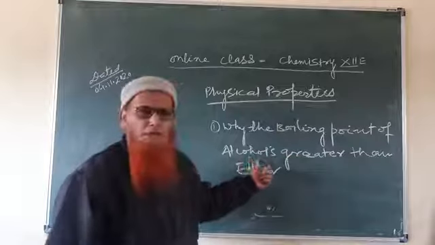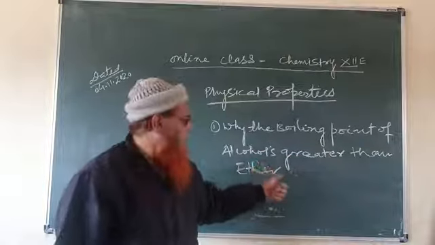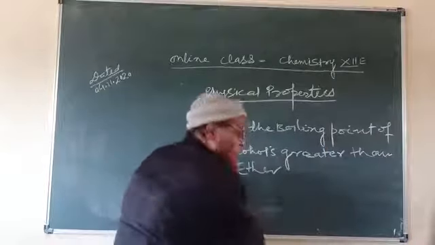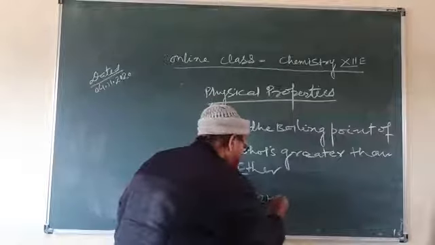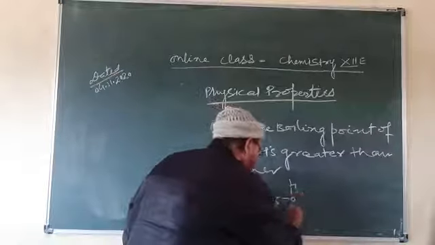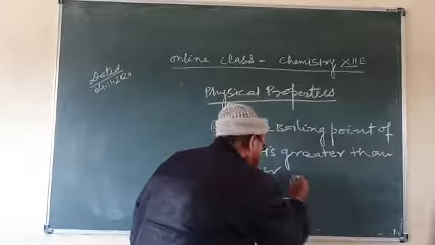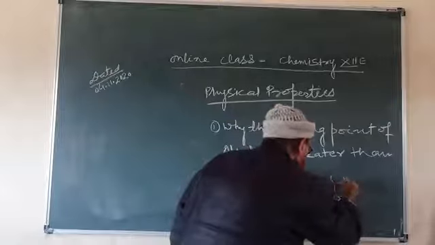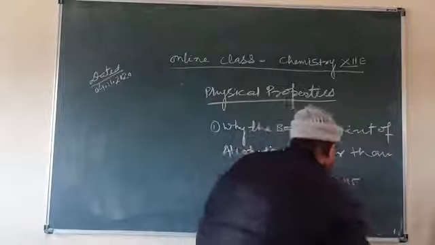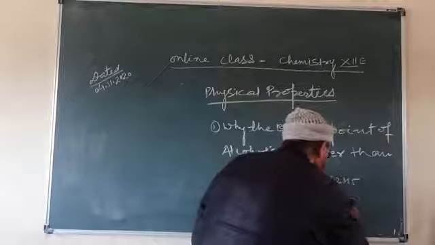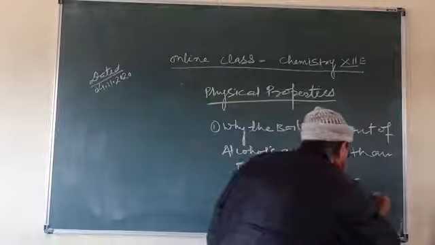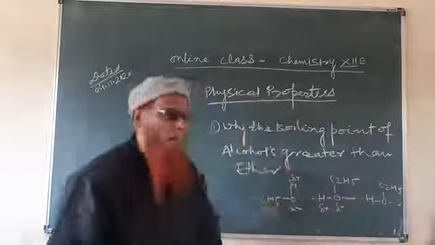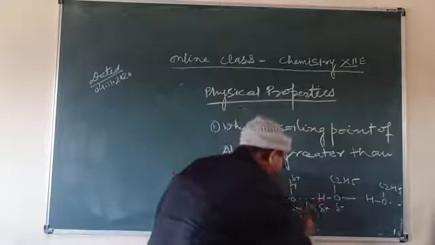In alcohol the hydrogen bond is present, and in ether the hydrogen bond is not present. If we see the structure of alcohol, C2H5OH, in alcohol this hydrogen bond is present.